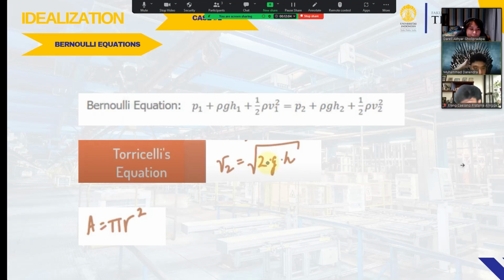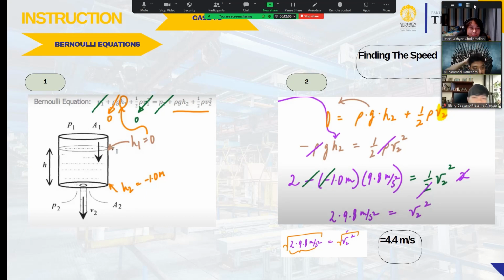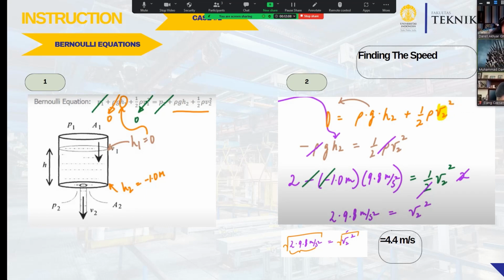This is the first step. From what we know, pressure 1 is the same as pressure 2, so we can just eliminate that. Height 1 is 0, so we can put that into the equation, so it equals 0.